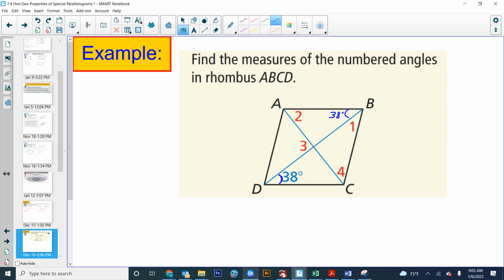But it's a rhombus. These angles at D and B have been bisected, meaning this is also 38. Angle 1 is 38 degrees. Do you guys all agree? Because a rhombus bisects opposite angles.